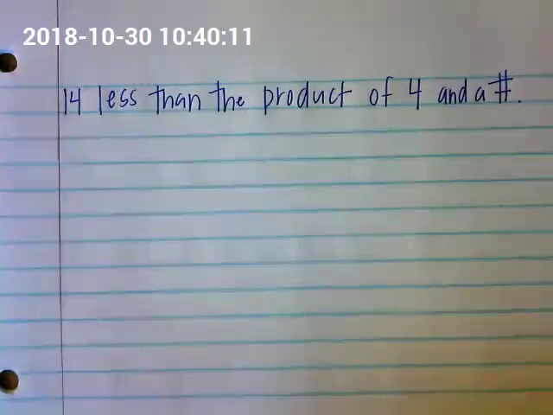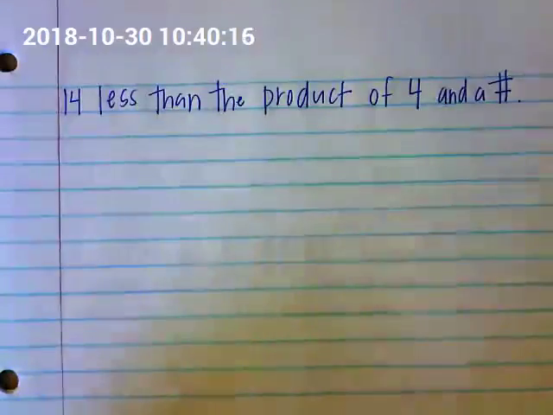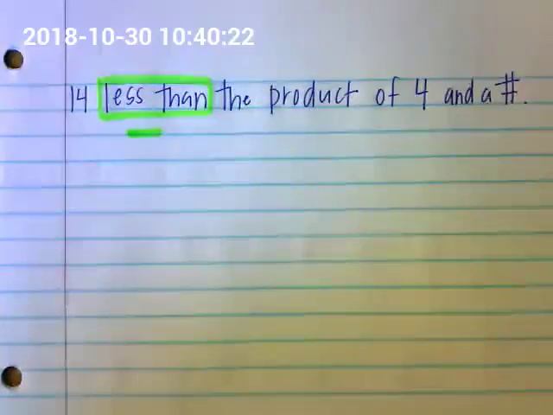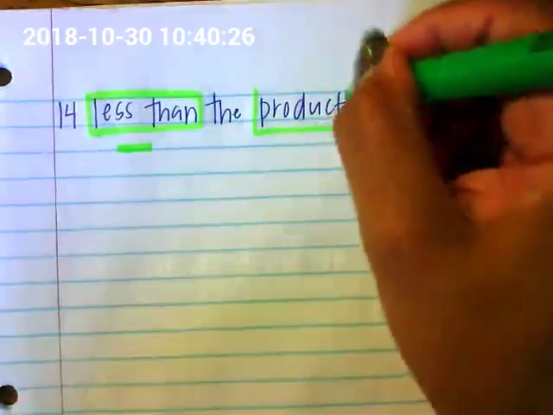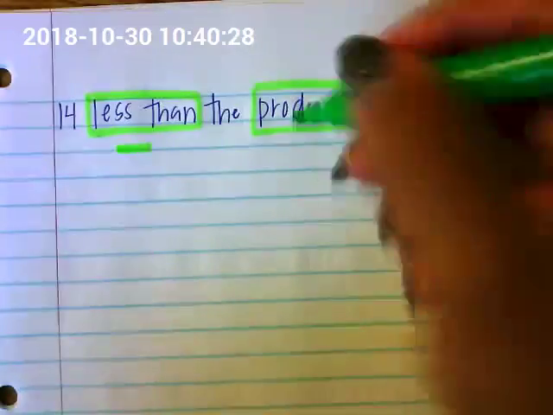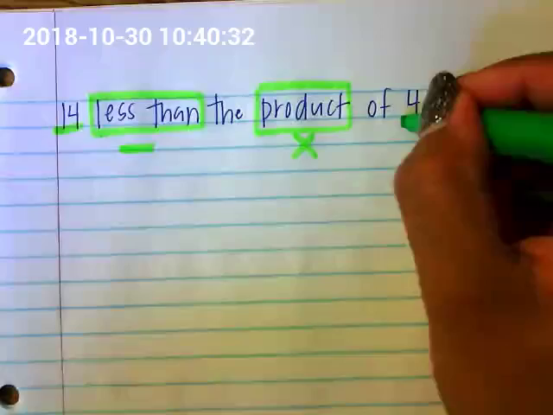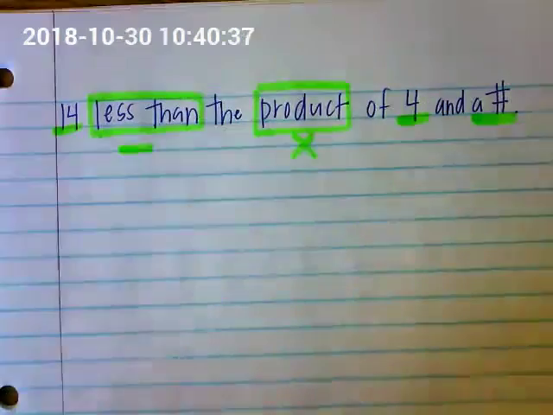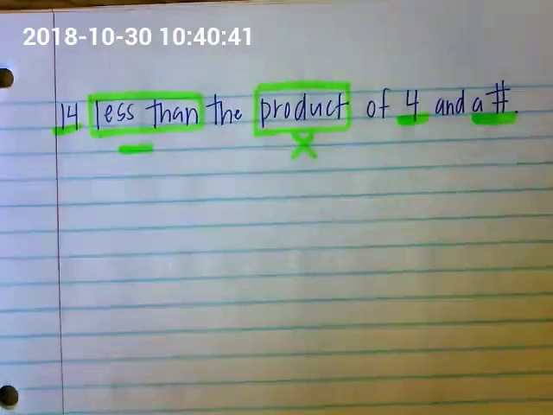So key information. So we know less than. So that less than is going to tell us to subtract. Product is another key word. Product is going to tell us to what? Multiply. And we're dealing with 14, 4, and a number. So what do we want our number to be represented by? What variable?